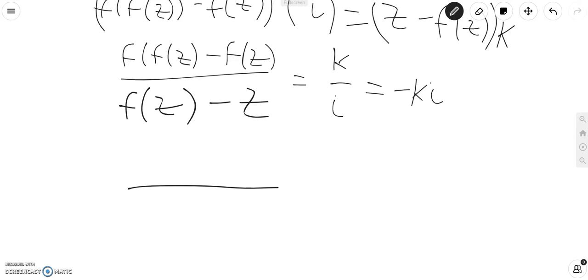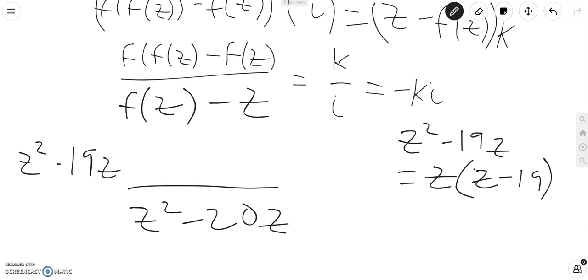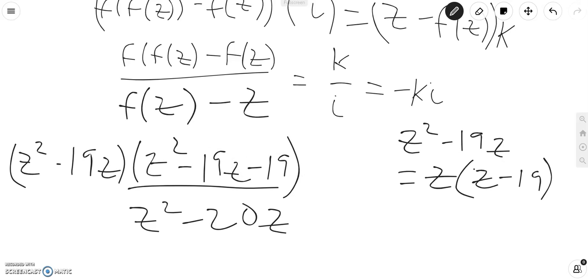The denominator simply becomes z² − 20z, because we're taking z² − 19z and subtracting z. The top: we note that z² − 19z is z times (z − 19), so f(f(z)) can be written as (z² − 19z) times (z² − 19z − 19).